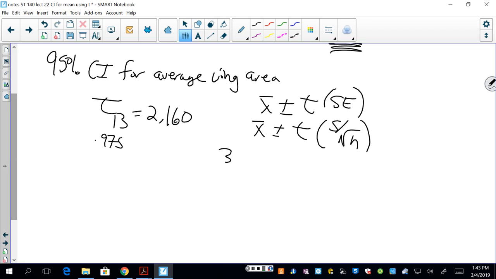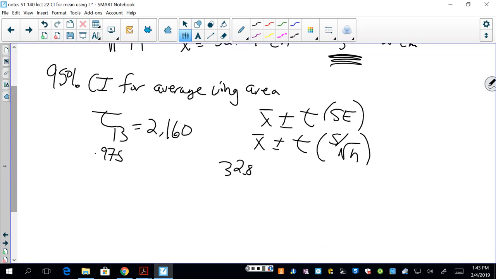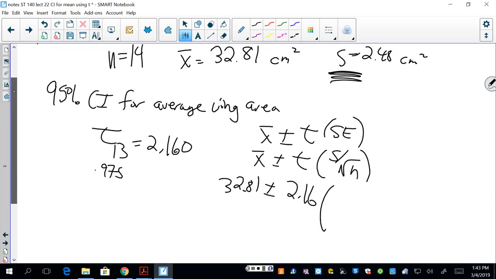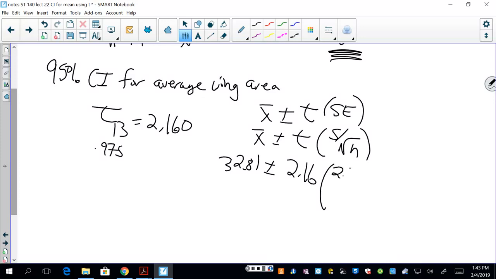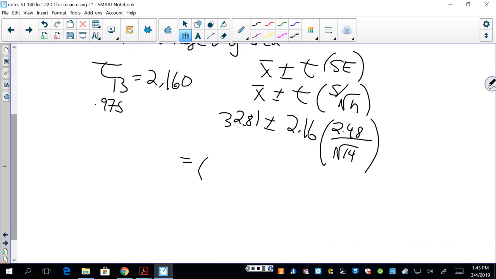So we get 32.81 plus or minus our 2.16 times s, which was 2.48, over the square root of 14. So we get an interval of 31.4 up to 34.2 centimeters squared.